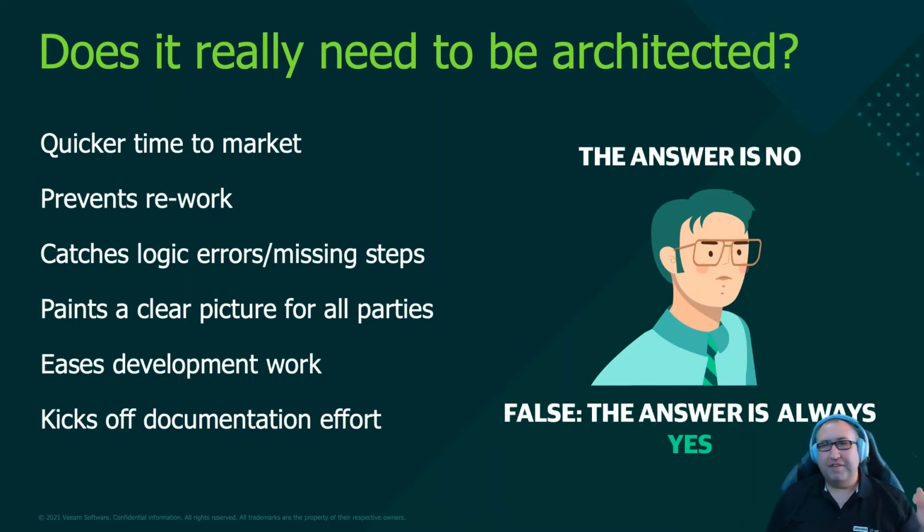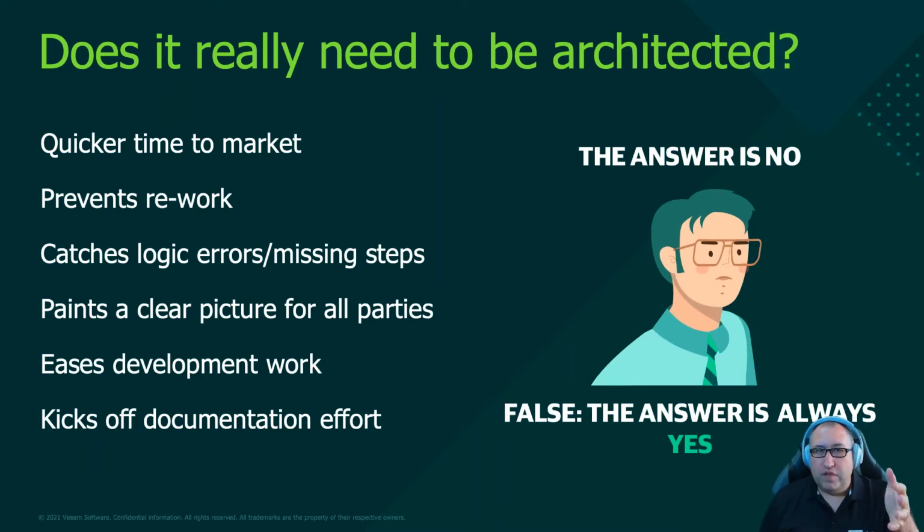And I've listed to the left here some of the benefits that come from architecting the solution. I think the number one for most of our partners is going to be quicker time to market, right? The more agile, the quicker you can be, that's where you get your edge.